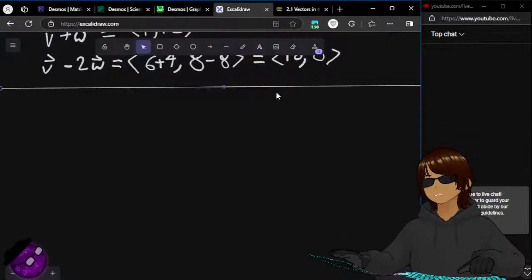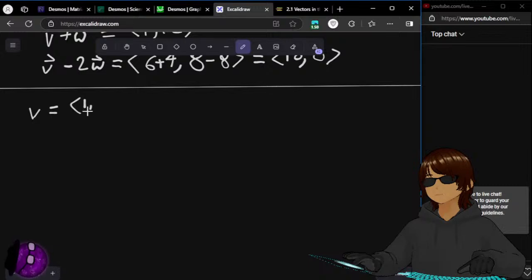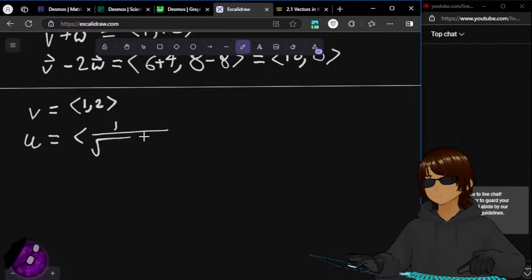So v is, and then u is 1 over root of 1 plus 2 squared, which is 5. Same thing here.